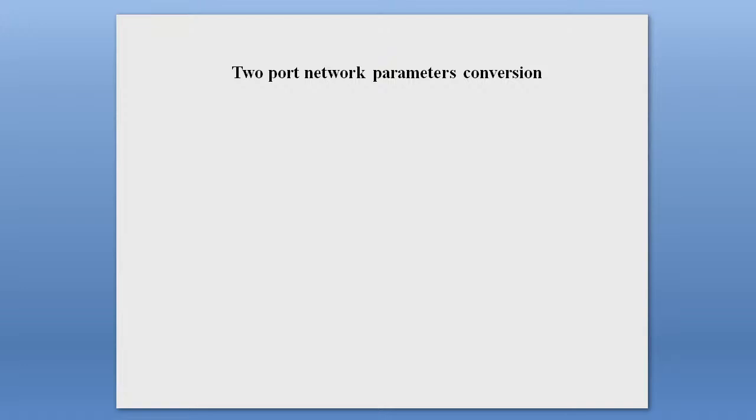You have seen that there are total four variables associated with a two-port network. These variables are V1 input port voltage, V2 output port voltage, I1 input port current, and I2 output port current. Therefore, total four variables. And you know that the coefficient of independent variables of two-port network equation are known as parameters.